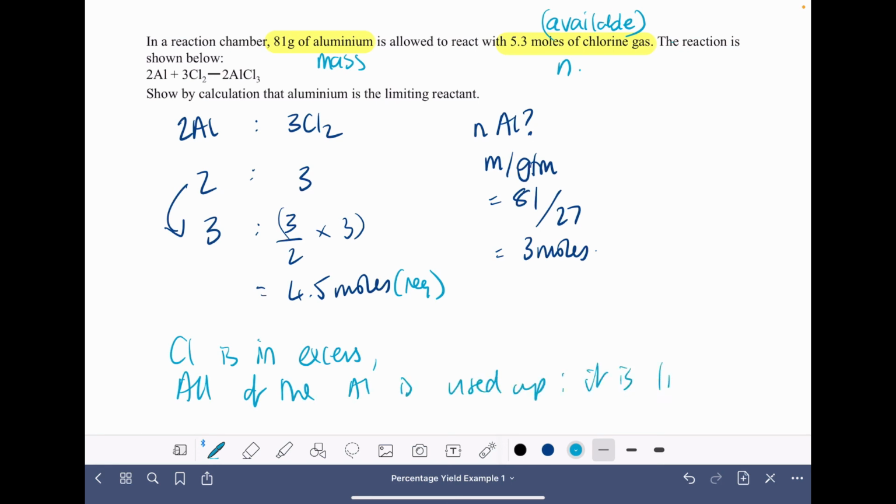It is limiting. So the aluminium in this question is the limiting reactant and the chlorine is what's in excess. All 81 grams of the aluminium is used up, but only 4.5 moles of the chlorine gas is needed, not all 5.3 moles which is available.